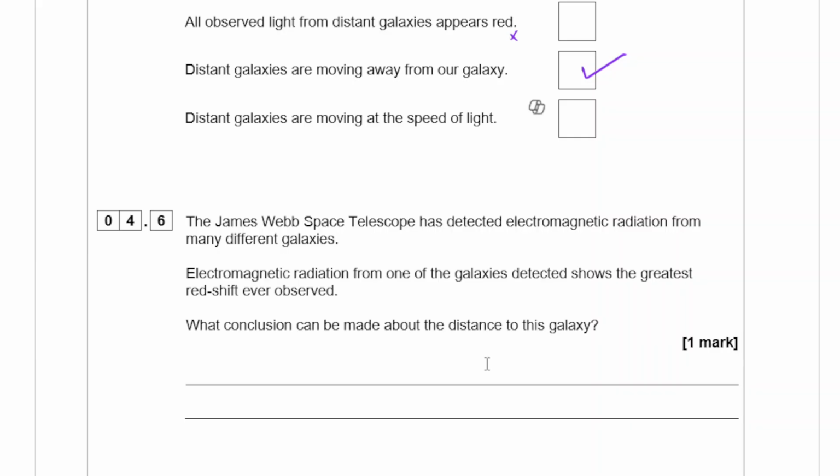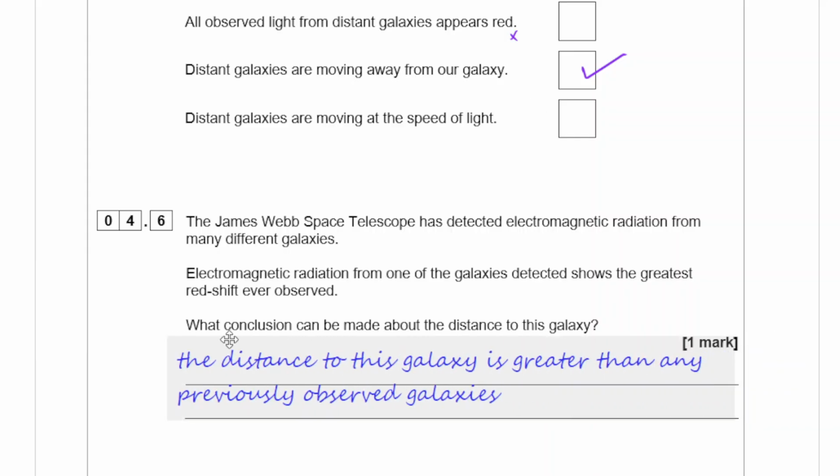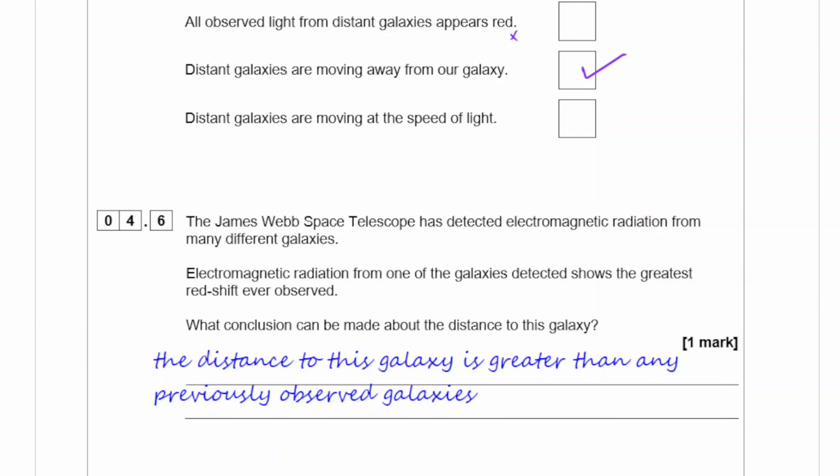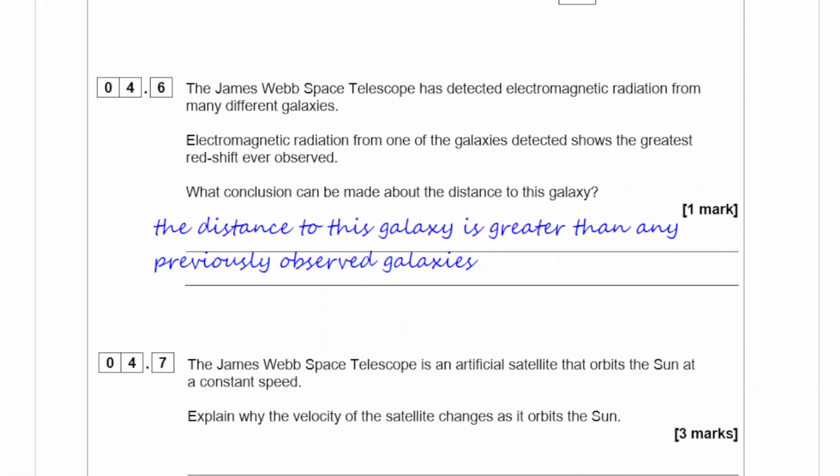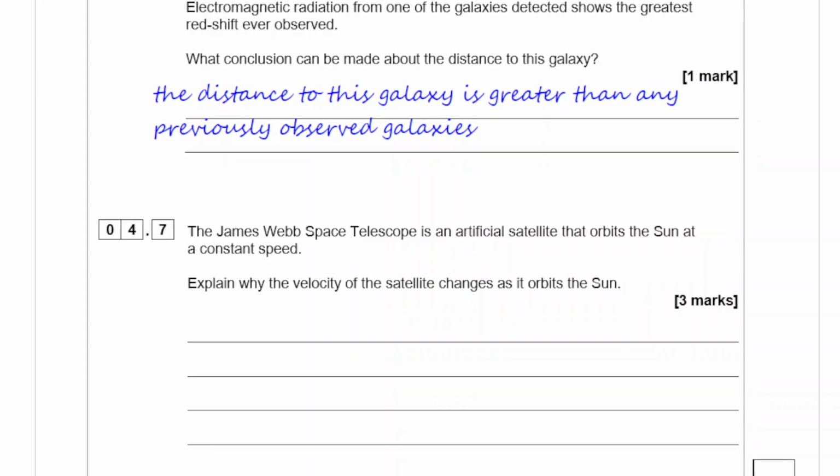Electromagnetic radiation from one of the galaxies detected shows the greatest redshift ever observed. What conclusion can be made about the distance of the galaxy? Well, the distance to this galaxy is greater than any other previously observed galaxies, right? Which means that it's furthest away than anything else that is observed.